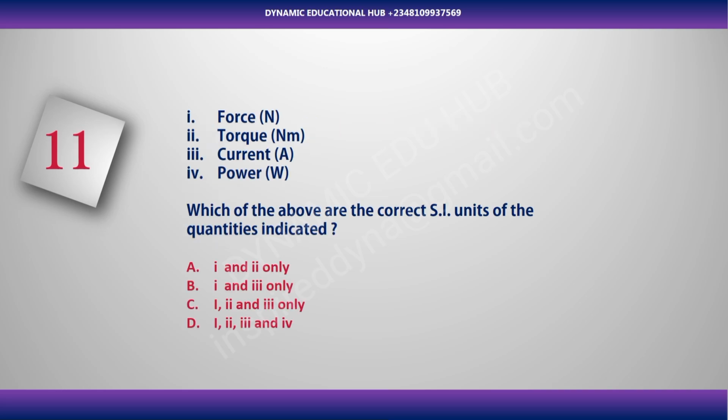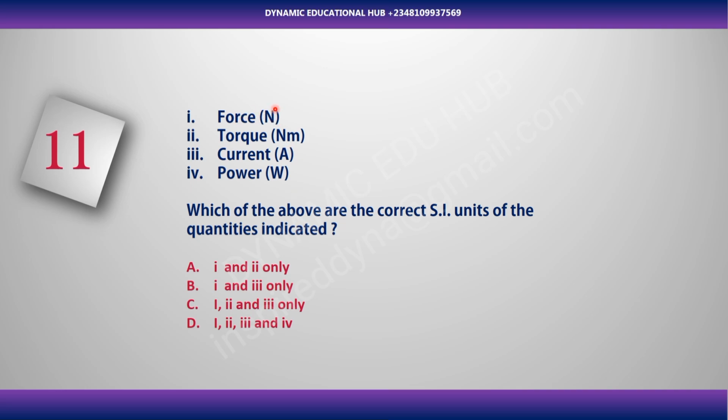The next question. JAMB loves something like this. One, force, and the unit is Newton. Two, torque, Newton meter. Three, current, ampere. Four, power, which is watt. Which of the following are the correct SI units of the quantities indicated? Let's go. What is the unit of force? Newton.